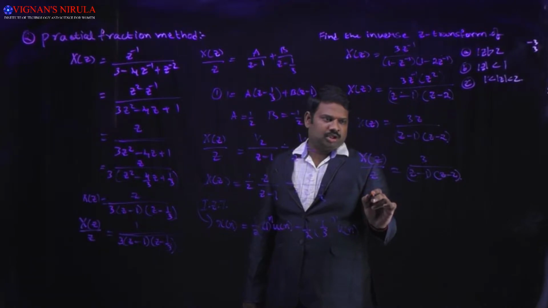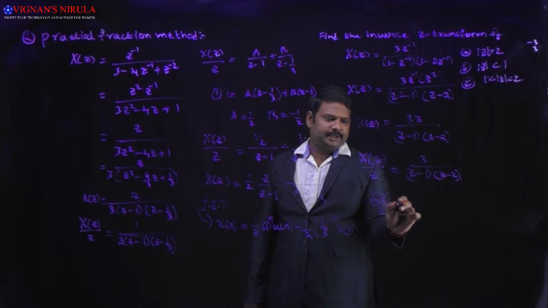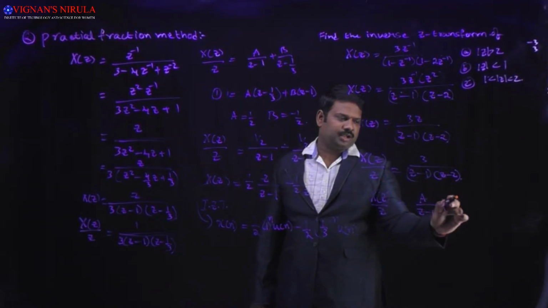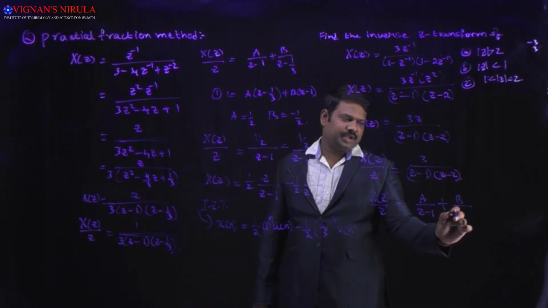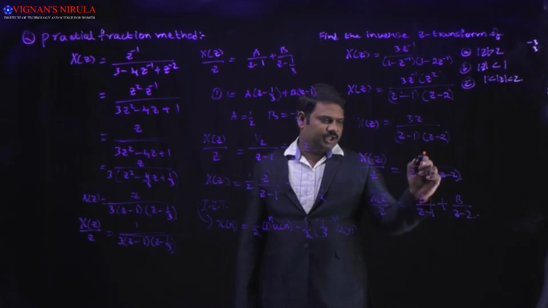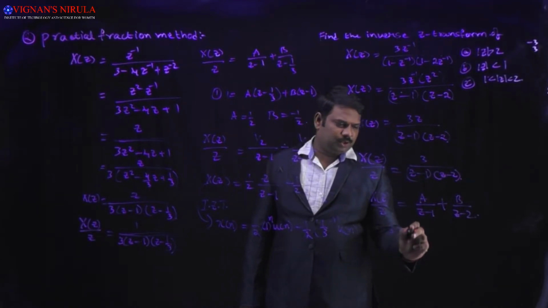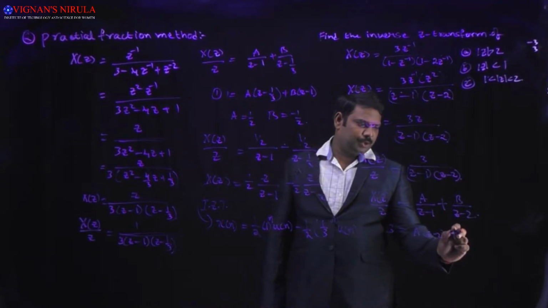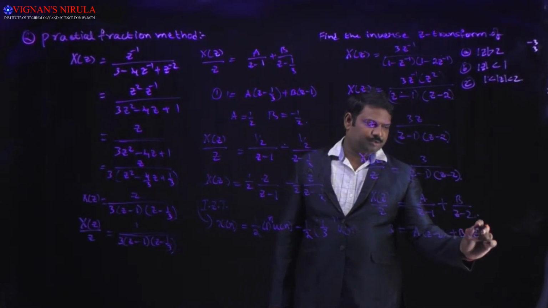Taking the partial fractions, X(z)/z = A/(z - 1) + B/(z - 2). Here the numerator is 3 = A(z - 2) + B(z - 1).